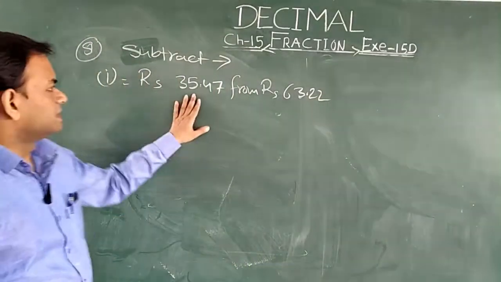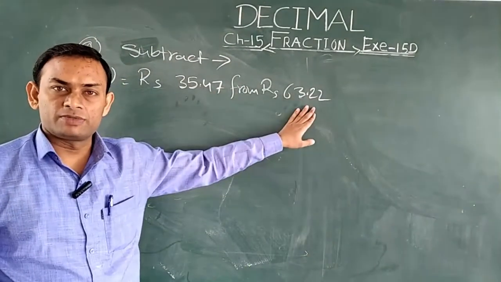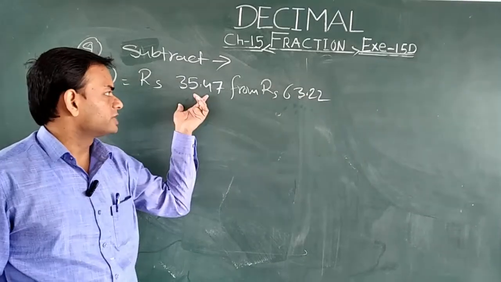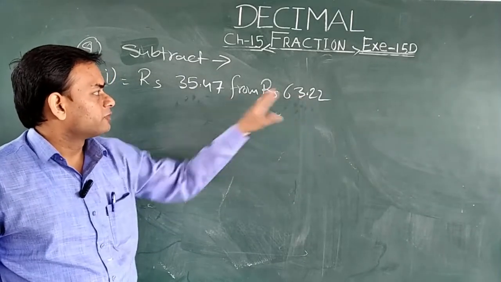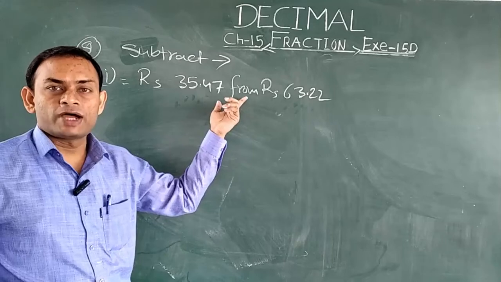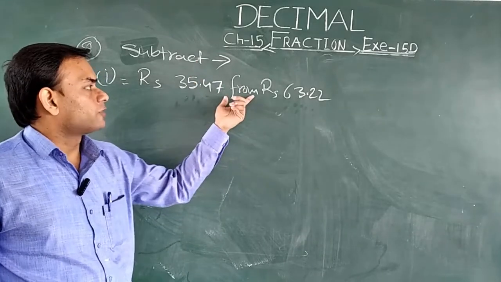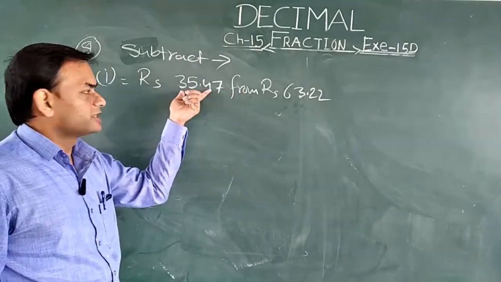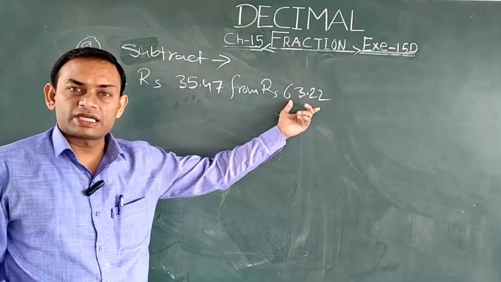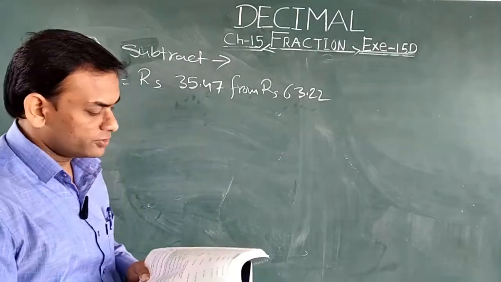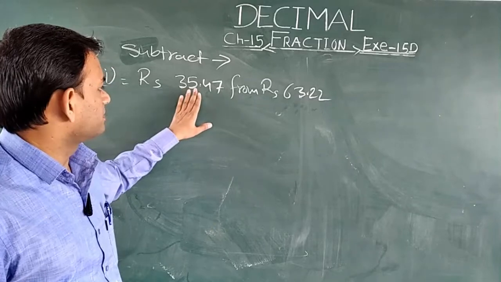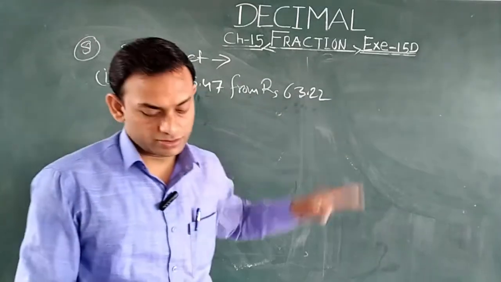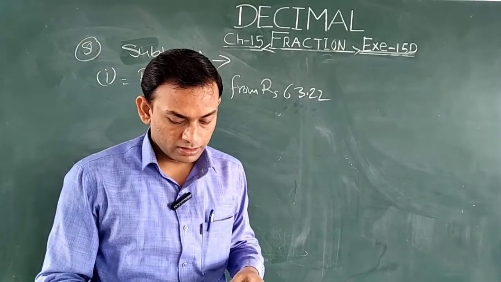Okay, both of these are like decimal numbers. I think you will do it on your own, a very easy question. Whenever you find "from" in subtraction, you have to subtract the first value from the second value. So you will subtract this value from this and you will get the answer.